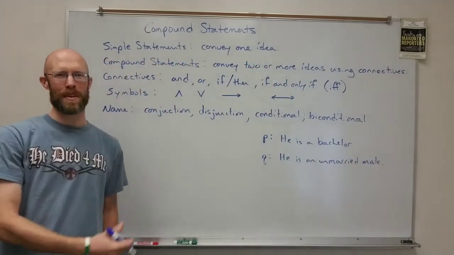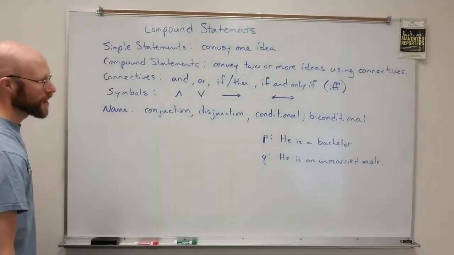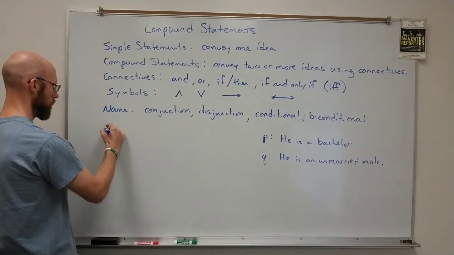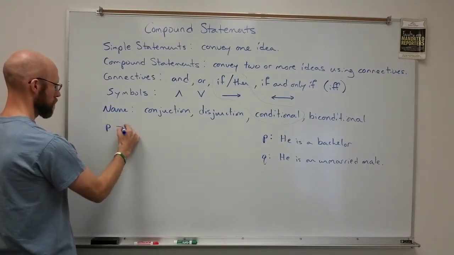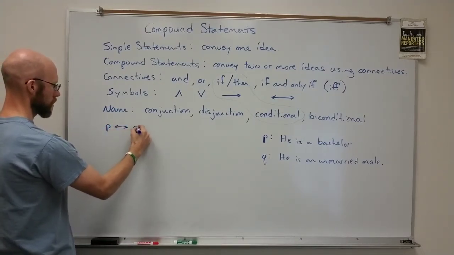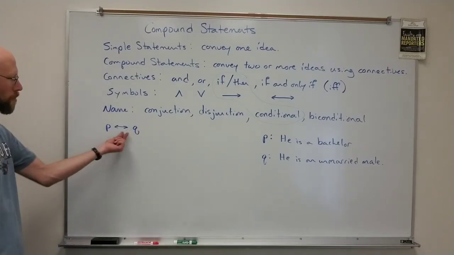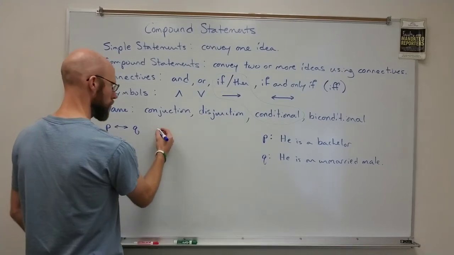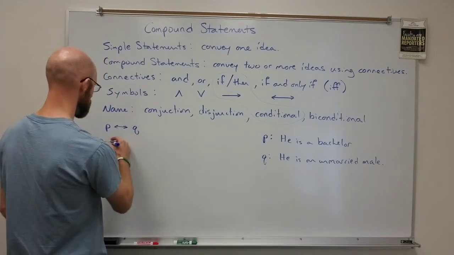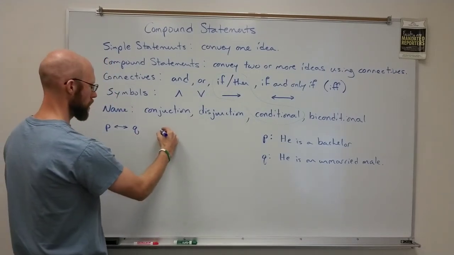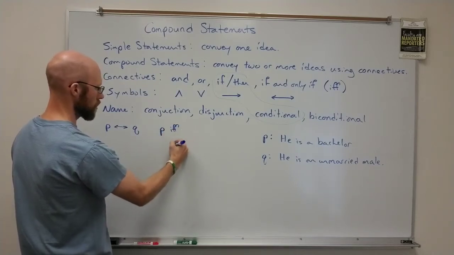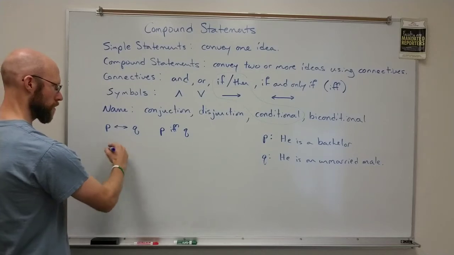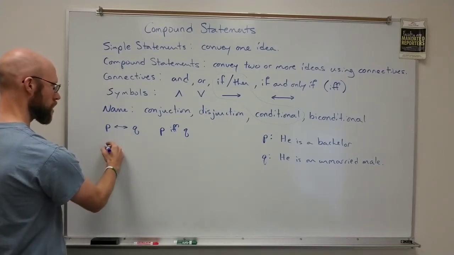This is a very common example that's used. And so for a biconditional, symbolically, you would write P double arrow Q, and sometimes we write it out P double if or IFF Q.